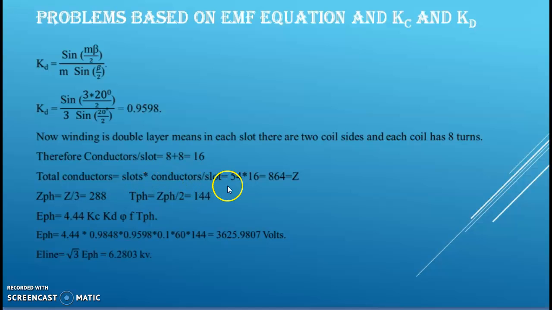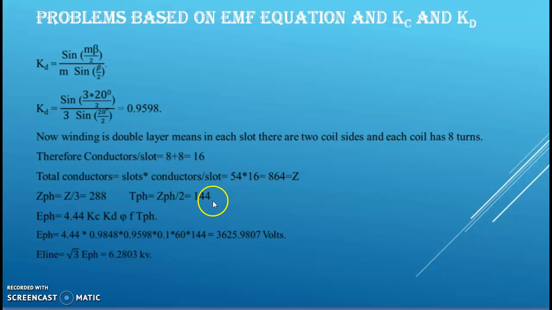Slots are 54, and conductors in one slot are 16. So 54 into 16 will be 864. So ZPH is 864 by 3, that is 288, and TPH is ZPH upon 2, that is 144.